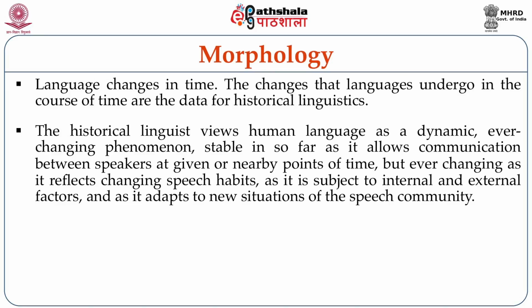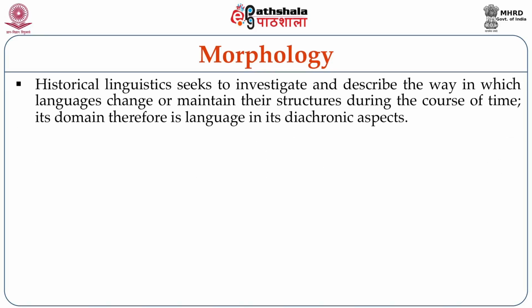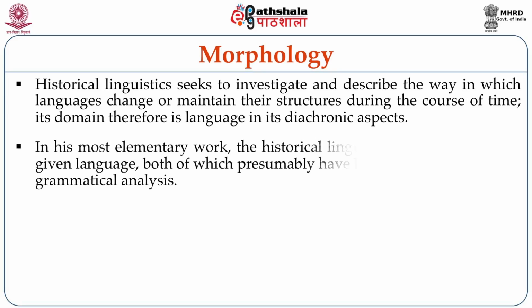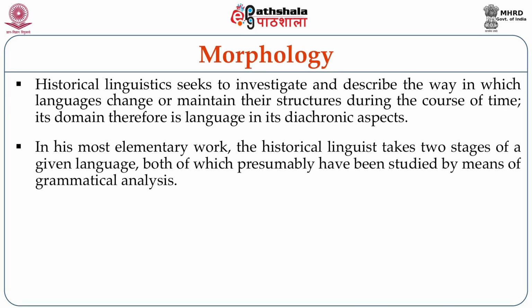Historical linguistics seeks to investigate and describe the way in which languages change or maintain their structures during the course of time. Its domain, therefore, is language in its diachronic aspects. In its most elementary work, the historical linguist takes two stages of a given language, both of which presumably have been studied by means of grammatical analysis.